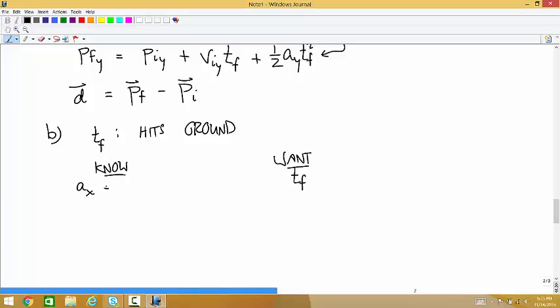We know the acceleration. We know the initial position. The final position, we know the y component is 0 because that's how you specify the ground.